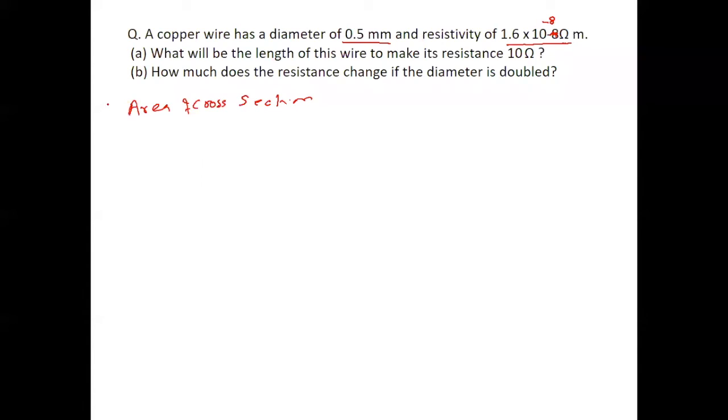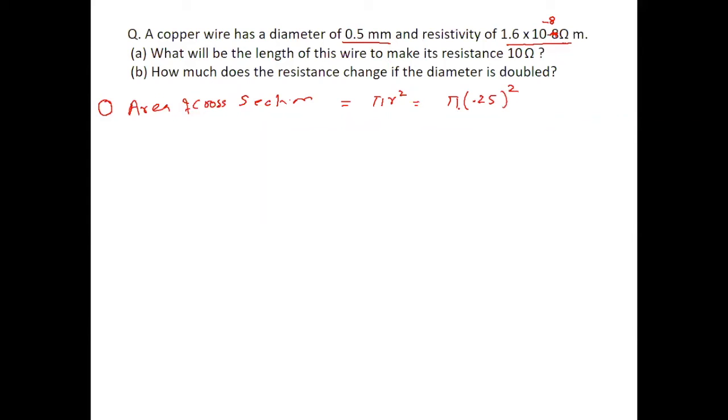Copper wire, what is the copper wire? This area of cross section is always circular. If so, area of this circle is, what is the formula? Pi r squared, and then we can easily calculate the copper wire cross section area. So pi, 0.5.